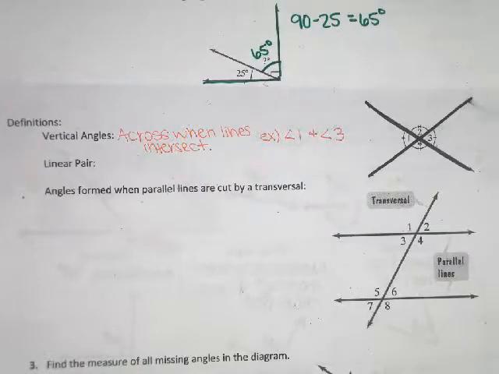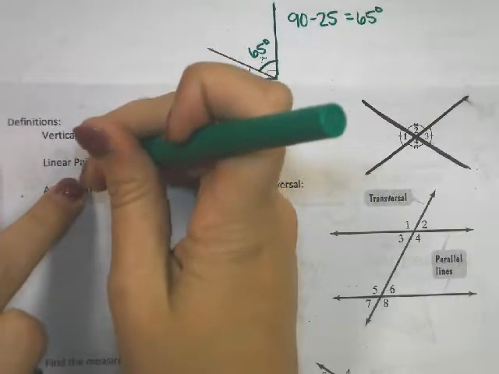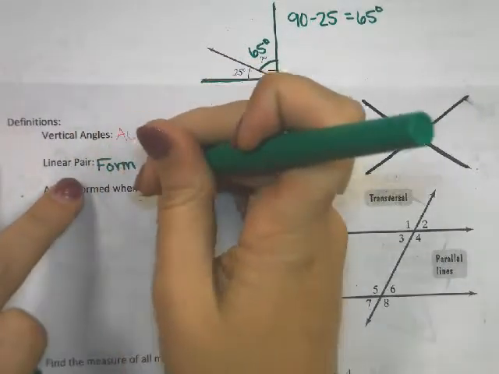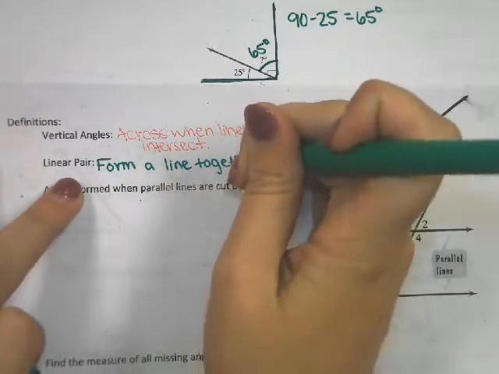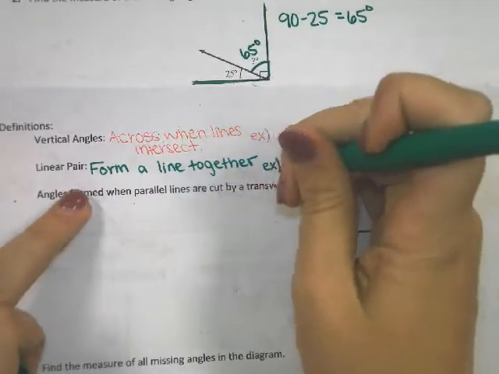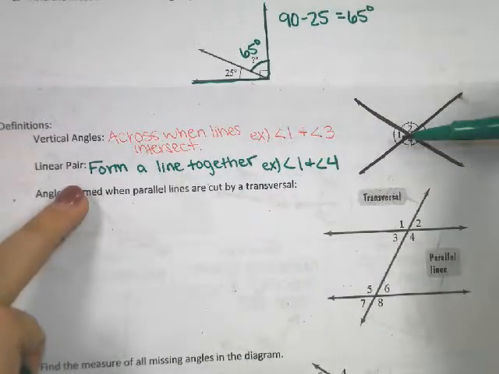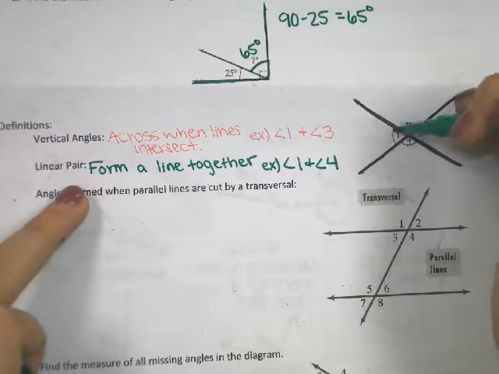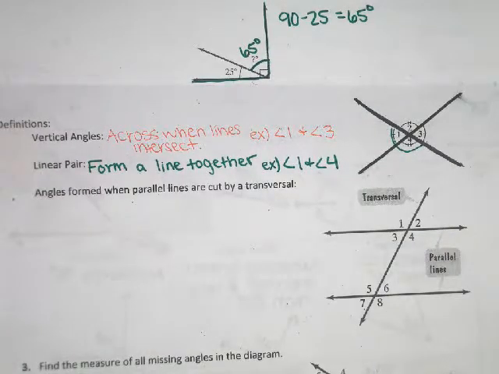Linear pairs are angles that are next to each other. So linear pairs form a straight line. For instance, as an example, maybe angle 1 and angle 4. These two angles together form a straight line. We have some nice relationships that happen when this occurs.